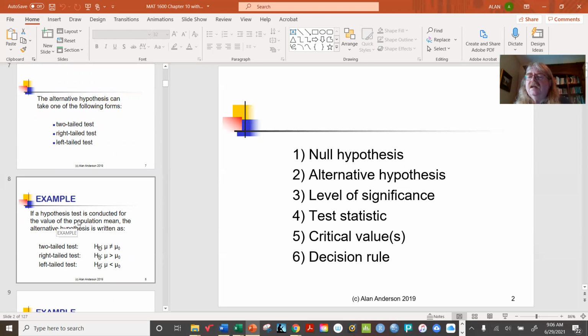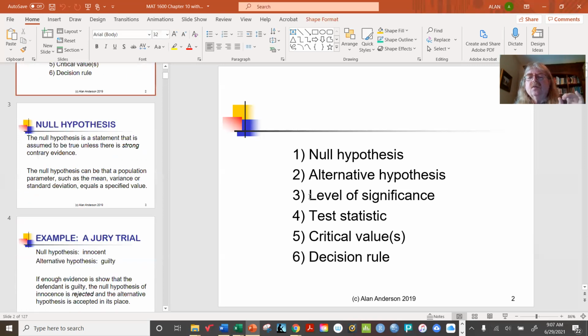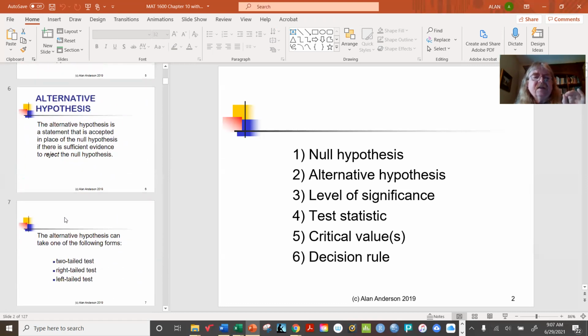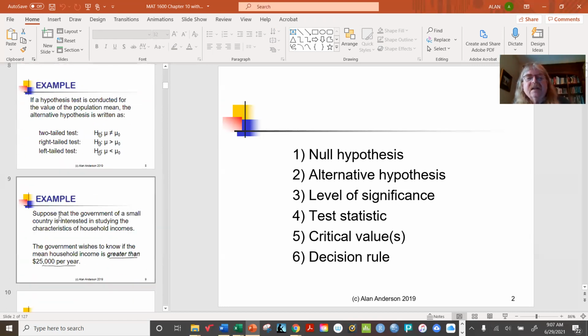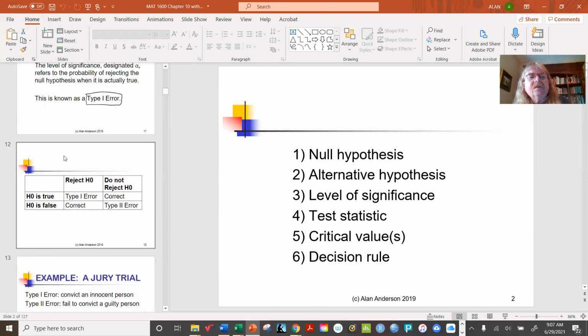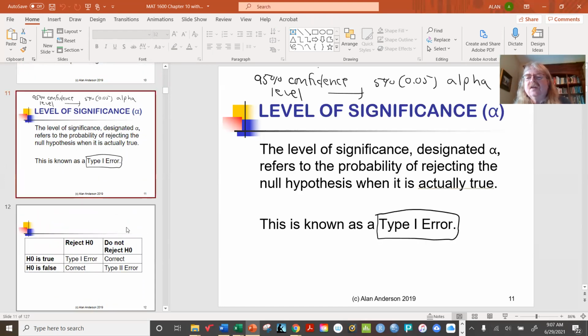All right, so now in the confidence interval chapter, it's the 95% part that we're really more interested in. Here, the level of significance has a special role to play. And what it refers to is a specific type of error that we could make when we test our hypothesis. So let me jump ahead here and remind you that this level of significance, or alpha, refers to the probability of committing what we will call a type 1 error.